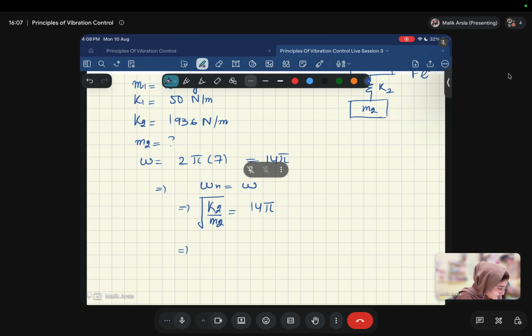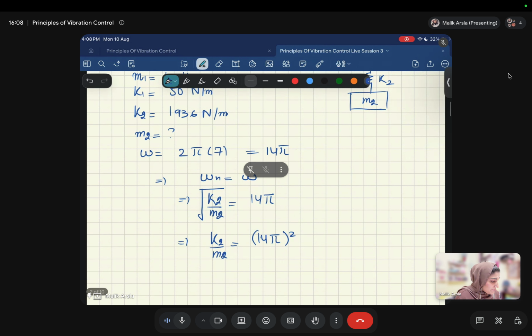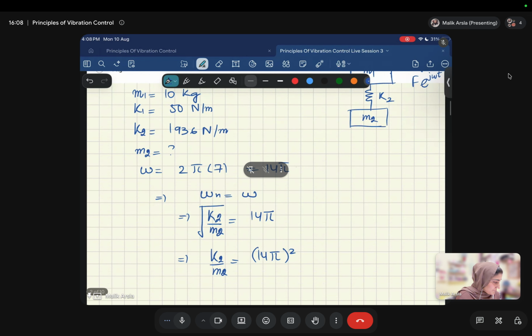Now we need to find the mass, so we can write it as k2 upon m2 equals 14 pi square. So from this relation, can you quickly give me the value of mass? Please simplify this and put your answers in the chat box.